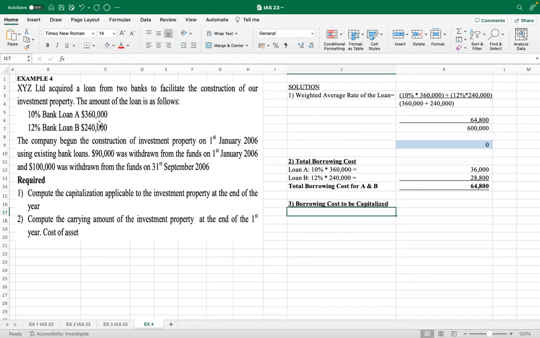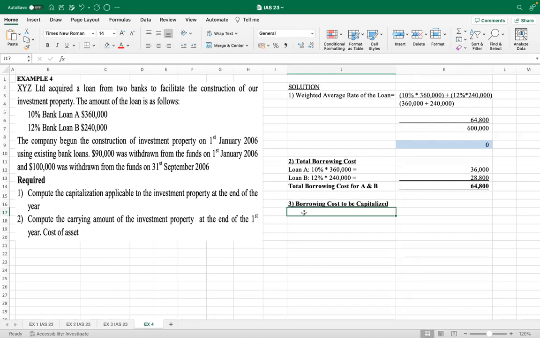When you want to calculate the borrowing cost to be capitalized with an average interest rate, you read this information here. The company began construction of investment property on 1st January 2006 using existing bank loans. 90,000 was withdrawn from the funds on 1st January and 100,000 was withdrawn from the funds on 31st December.